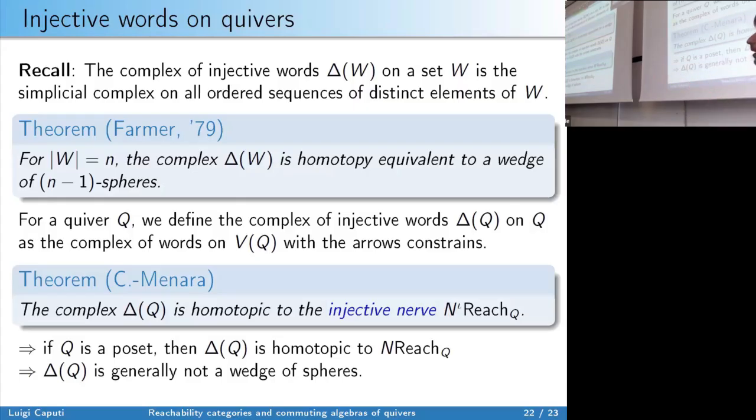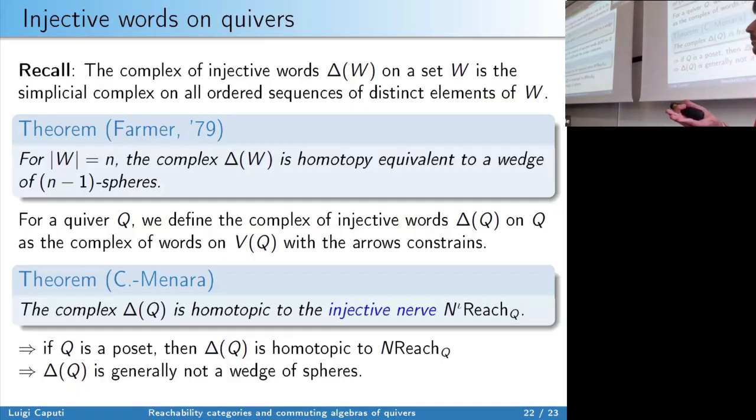Once we define the complex of injective words on a graph this way, what we showed with Giulia Maria Menara is that this complex is homotopic to the injective nerve of the reachability category. The injective nerve is a variation of the usual nerve of categories, but on posets the two are the same. This is also related to the directed flag complex, if you're aware of it.